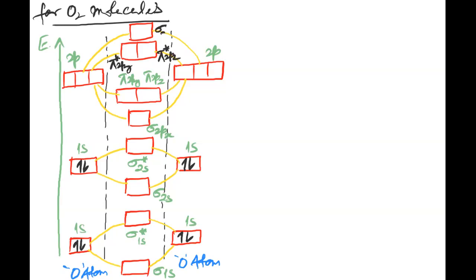And this orbital is sigma star 2px. So in the case of oxygen, this is the electronic configuration.